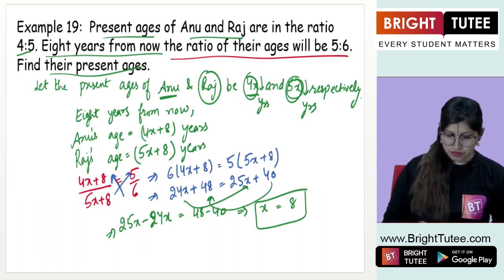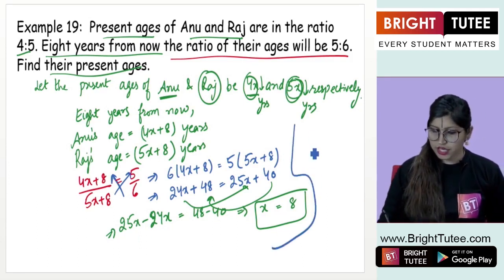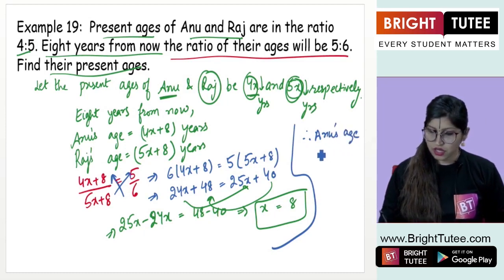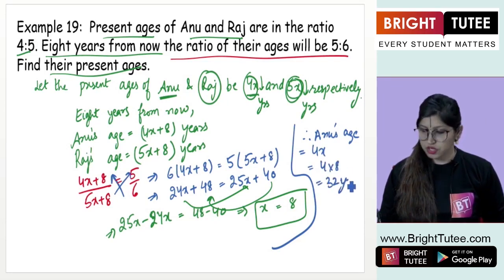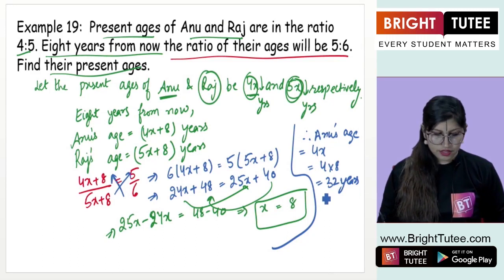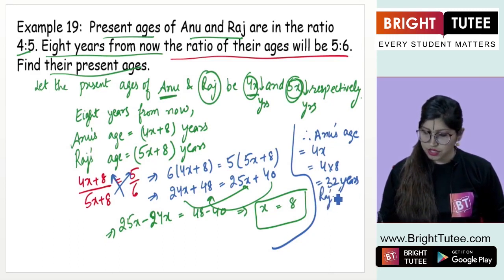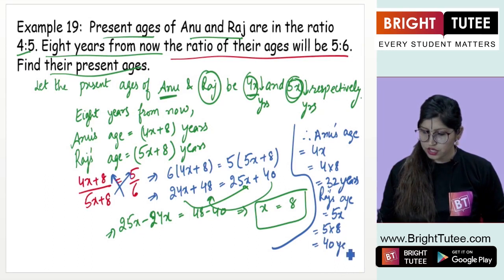Therefore, Anu's age will be 4x, that means 4 times 8, which is 32 years. And Raj's age will be 5 times x, that means 5 times 8, which is 40 years.